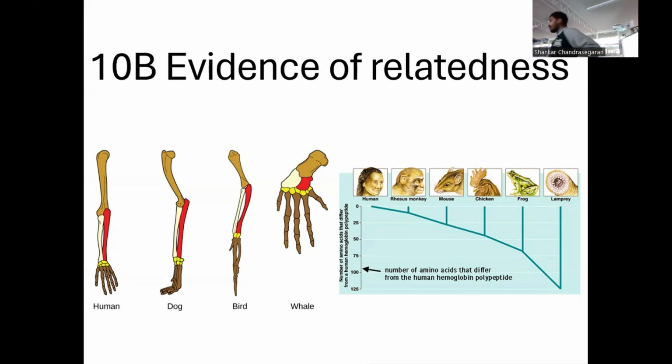Today's lesson, we're going to focus on looking at evidence of relatedness, right? So far, we've looked at the mechanisms of evolution, how they lead to speciation, and how over many millions of years, many species have emerged through evolution and they've diverged from each other, okay?